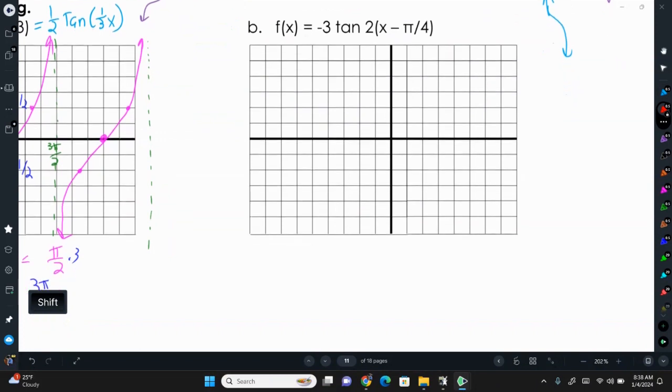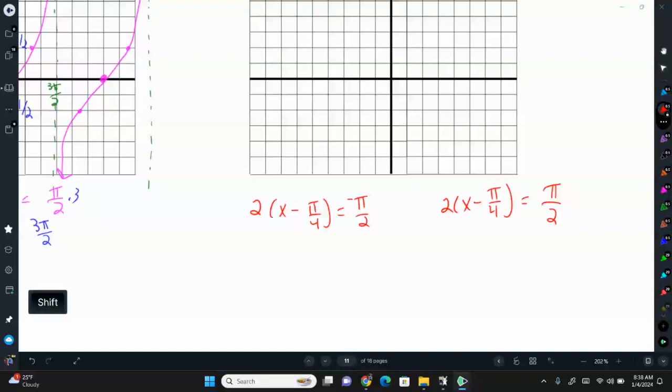Now our asymptotes, we're going to take this and set it equal to negative pi over 2, and set it equal to positive pi over 2, and solve that, and that's going to get us our first 2 asymptotes.